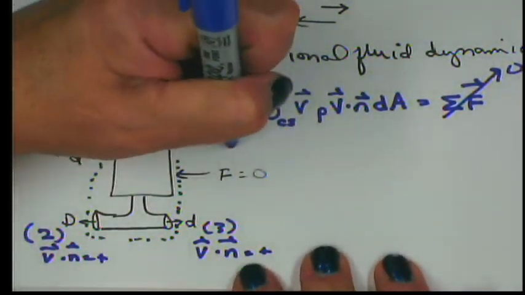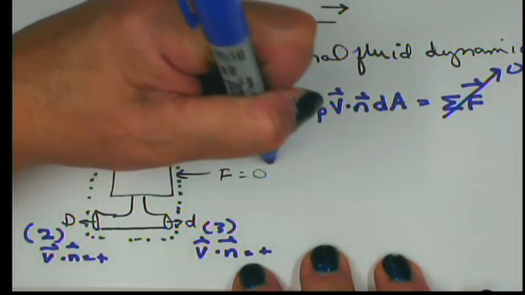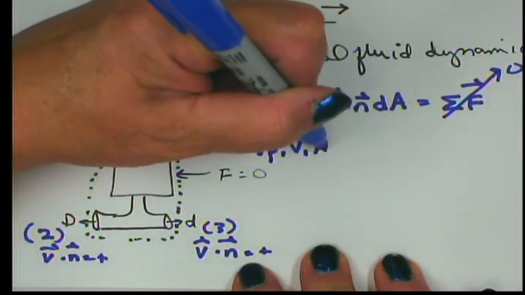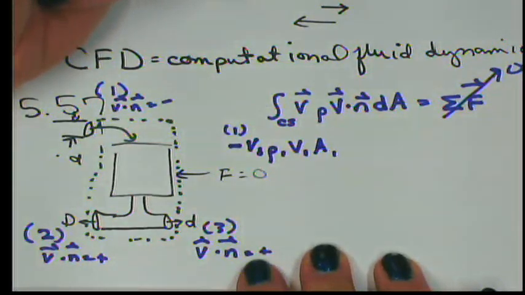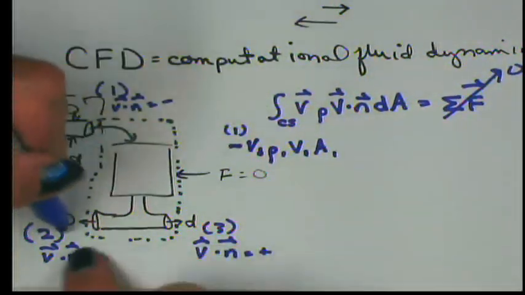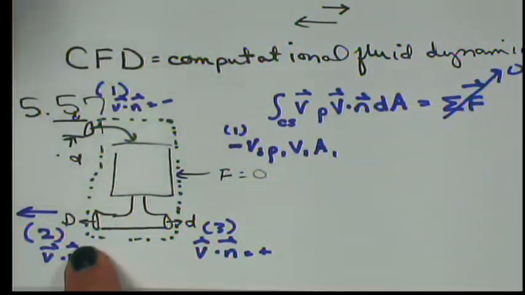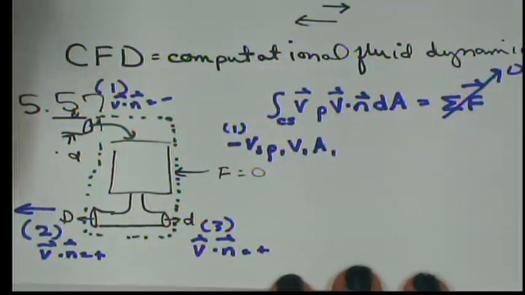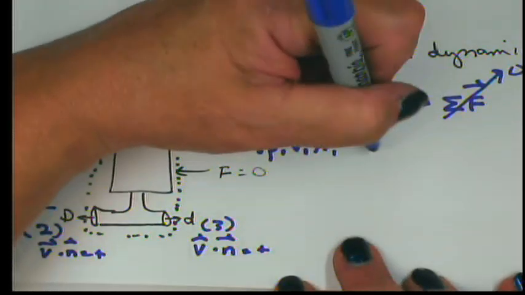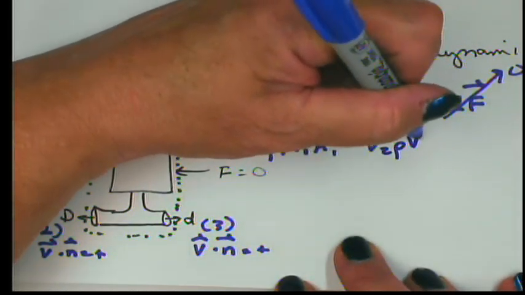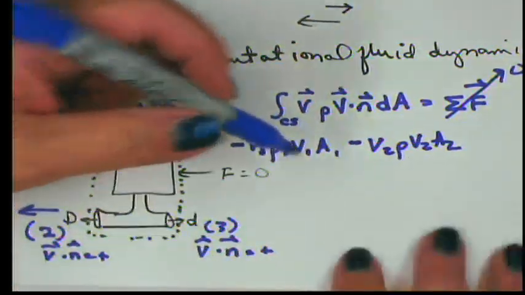So we can say minus, this is at 1, V1 rho1 V1 A1 in the most general sense. And if you look at 2, this would be positive, but it's backward. In other words, the velocity has a direction in the negative x direction. So we can write that as negative V2 rho V2 A2. And here we have a positive outlet and a positive direction.